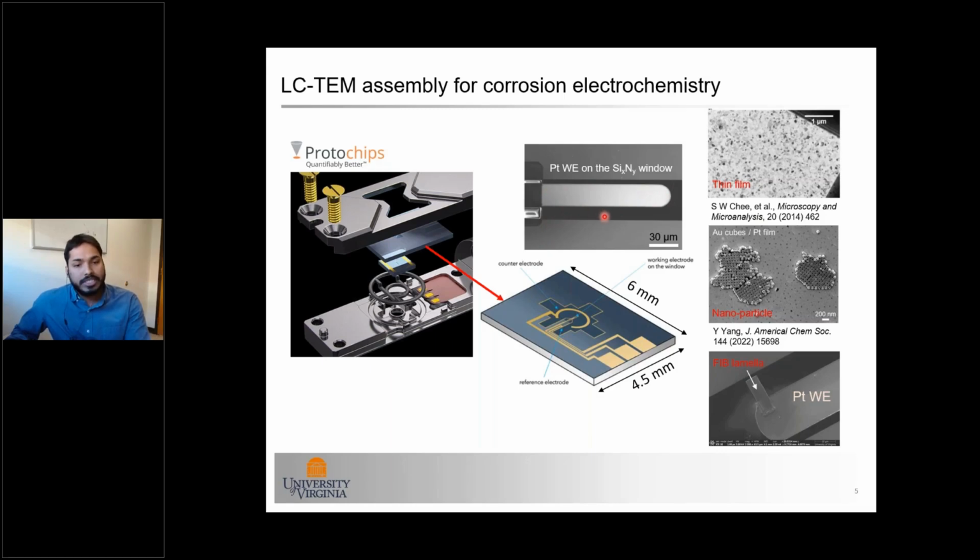If you're interested in corrosion studies, one can deposit a thin film of material of interest on the window connecting the working electrode, or deposit a material as nanoparticles on the platinum electrode, or get a FIB lamella of area of interest and weld it onto the electrode, of course exposing it to the electrolyte, or you can also polarize the specimen and study the phenomenon happening at specific potentials.